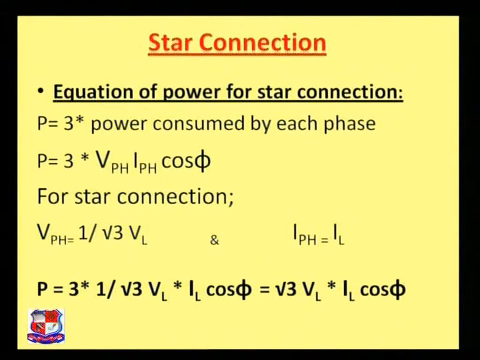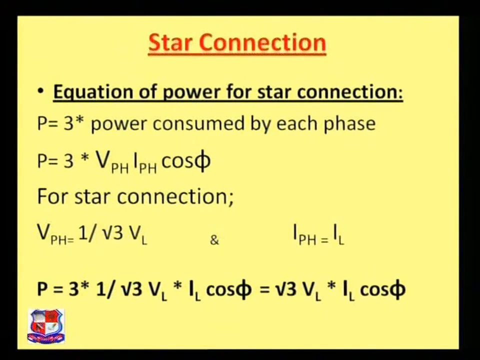So normally P equals V into I, but here we have to take the analogous value, so we take P equals VI cos phi, and this is a three-phase circuit, that's why we have to multiply that power by a factor of 3. So we can write P equals 3 into the power consumed by each phase, that is VPH into IPH into cos phi. Cos phi denotes that this is an analogous or continuous value.